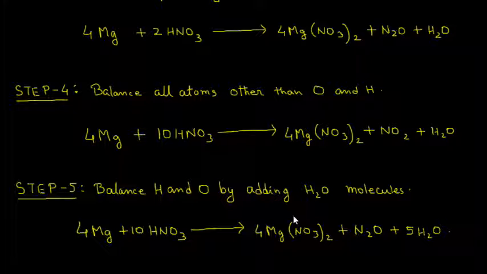In step 5, we balance hydrogen and oxygen by adding H2O molecules. The extra H2O molecules are added in the product, and hydrogen and oxygen are balanced. So this is how we balance a redox reaction with the oxidation number method.